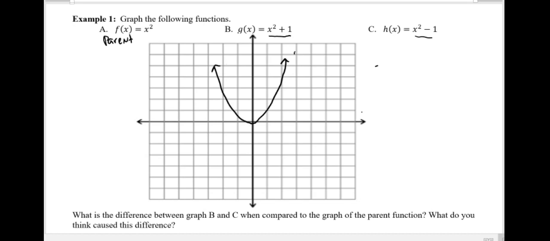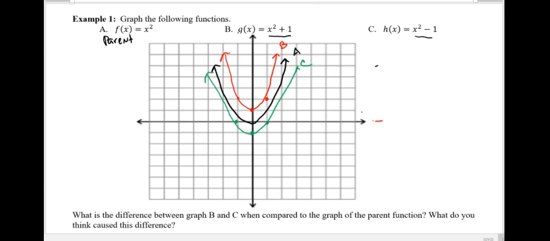This is going to be your parent function A. And then I'm going to graph the letter B in red, and notice that we shifted up 1 unit. So that's going to be letter B. And then letter C shifted down 1 unit.